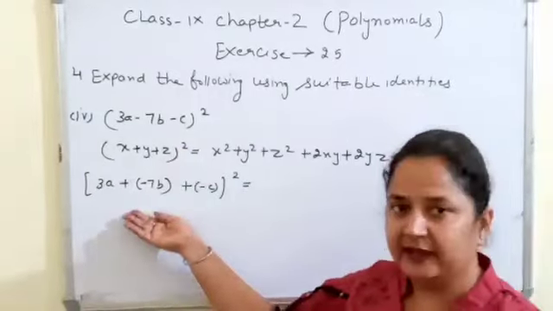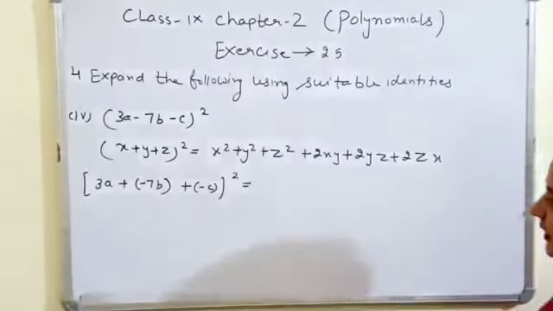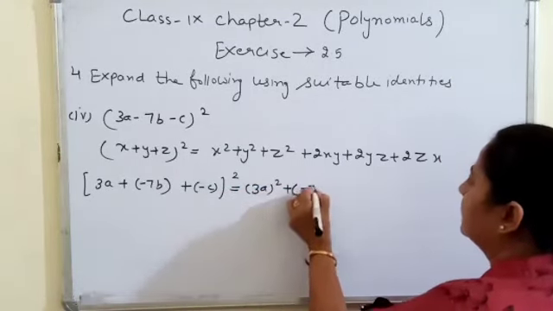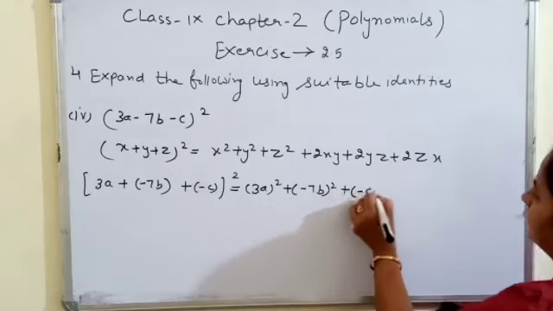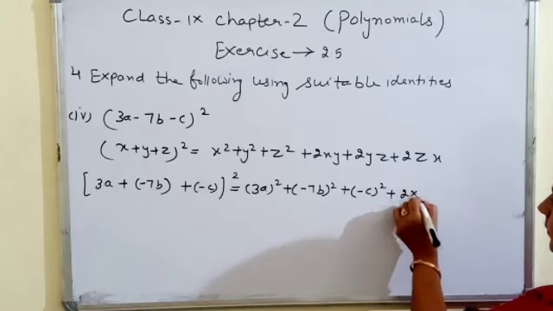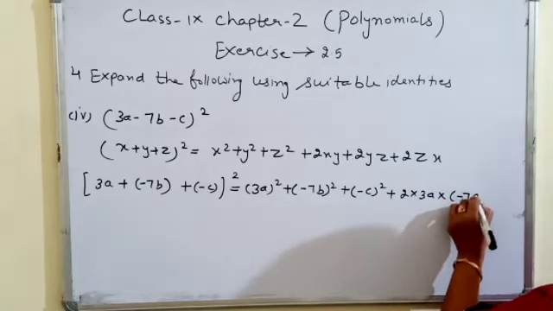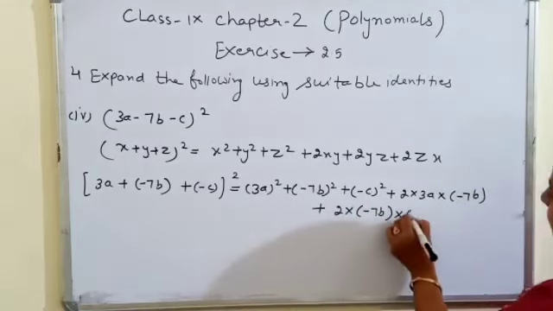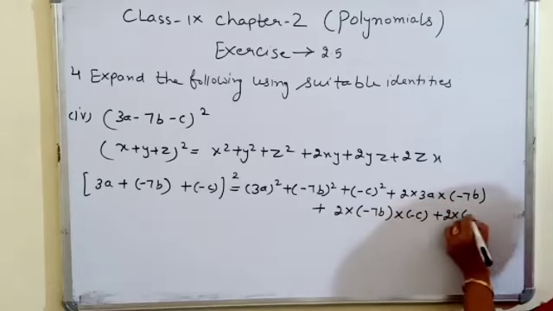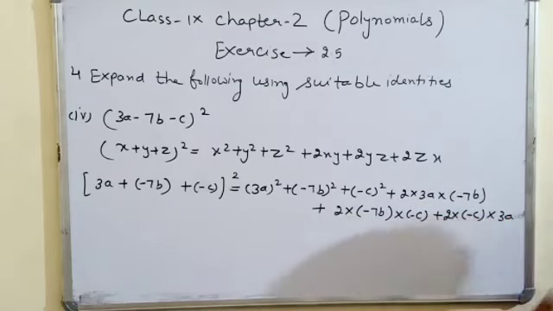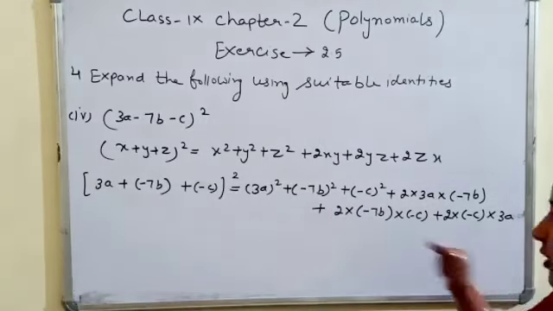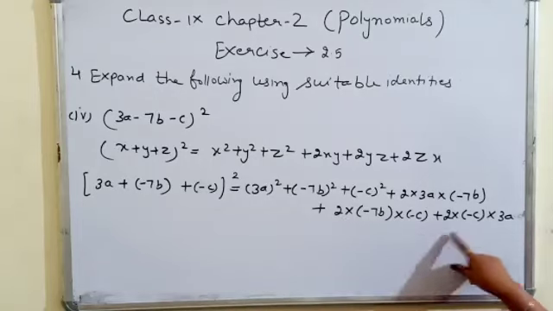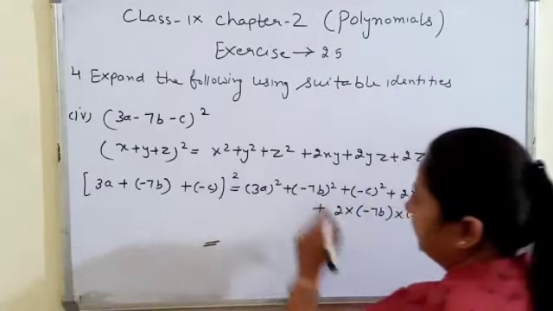Take the negative term in the bracket so that while doing the calculation you don't feel any difficulty. x square, y square, z square, 2xy, 2yz, 2zx. a square plus b square plus c square, x square, y square, z square, 2xy, 2yz, 2zx.